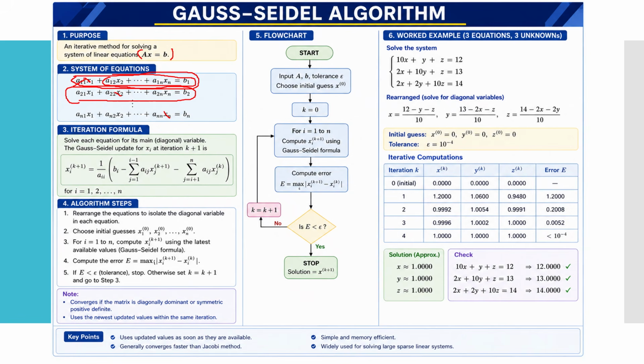So when we are calculating x_i, we are using the newly updated values of x up to i minus 1. For example, if we are calculating x2, we'll use the updated x1, but the old x3 will be used. That's why in this equation we have the summation of a_ij x_j^k starting from j equals i plus 1 up to n.